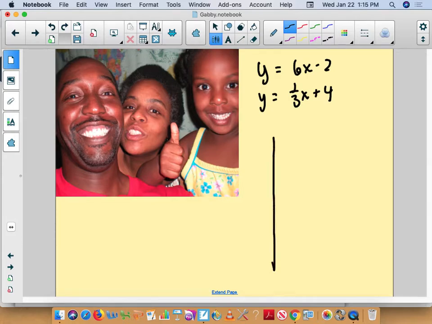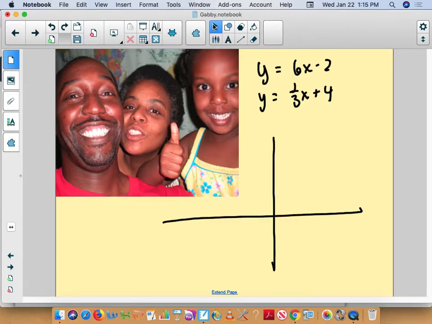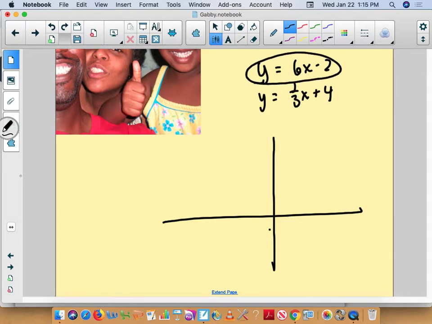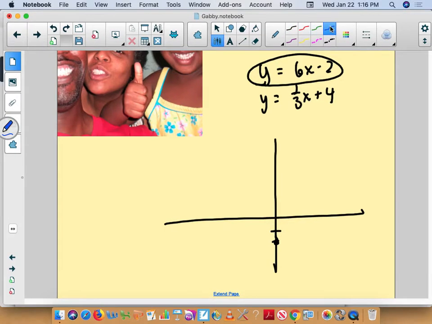So one method is by graphing. I'm going to move the pretty holder family for a minute. So I'm going to graph this one. My y-intercept is -2, and I'm going to count up 1, 2, 3, 4, 5, 6, and over 1.